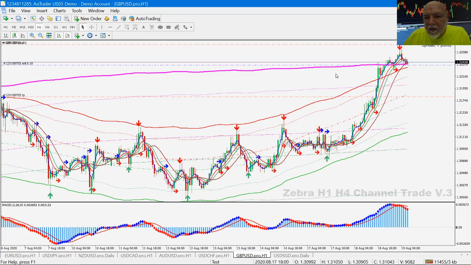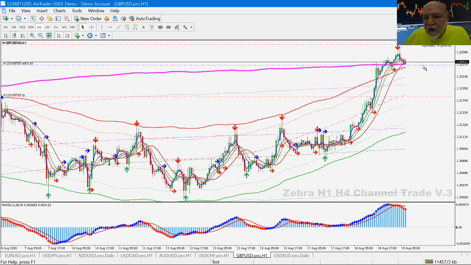Well, that trade here is at about the 1.3237. 237 is very close to, again, a hard number. Always interesting in a hard number.